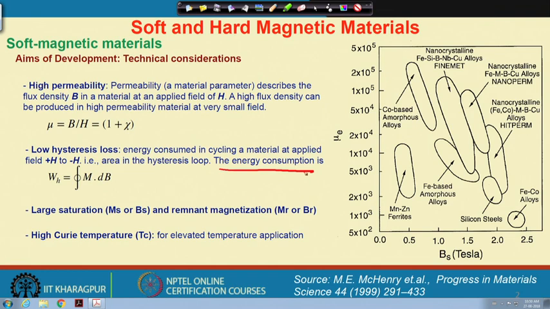Here two other important aspects should be present, that is a large saturation magnetization MS or BS value and the remanence magnetization. These two should be very high. Again I show you with a hysteresis curve. When we magnetize a magnet, here I have the applied field H, and here is the M or B, so applied field versus magnetization.